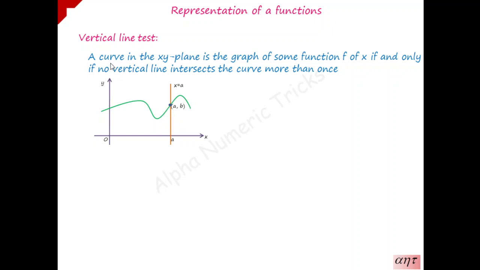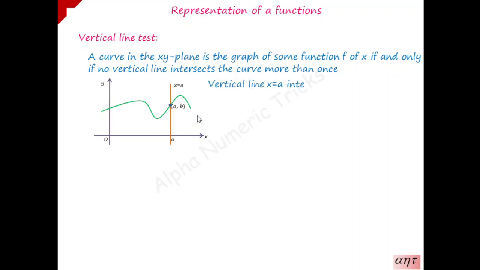That is, a curve in the xy plane is a graph of some function f of x if and only if no vertical line intersects the curve more than once, meaning the vertical line does not intersect the curve at 2 or more points. It should touch the curve at only one point. So in this figure, the vertical line x is equal to a touches the curve at only one point. That's why we can say that this is a graph.